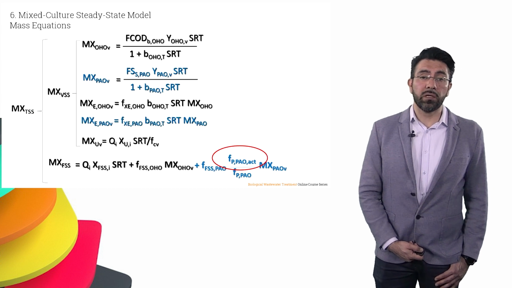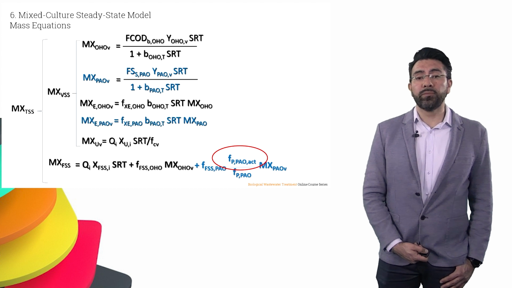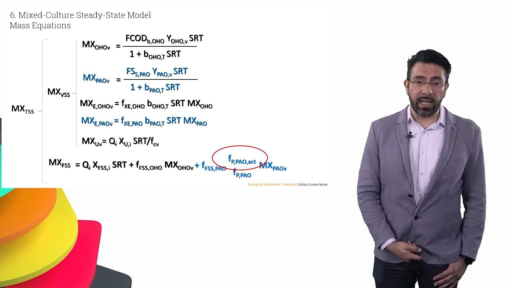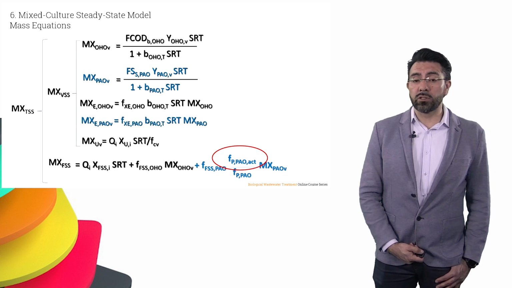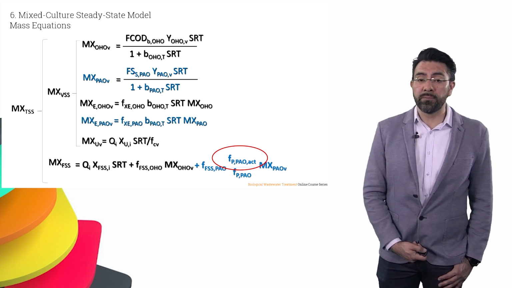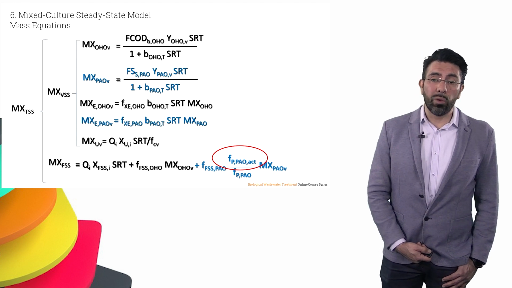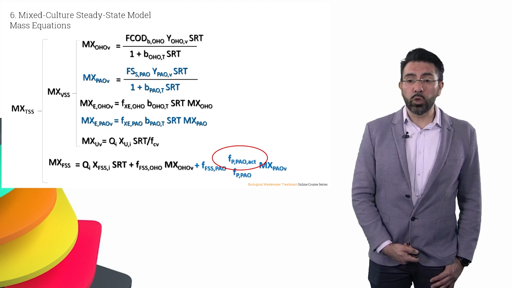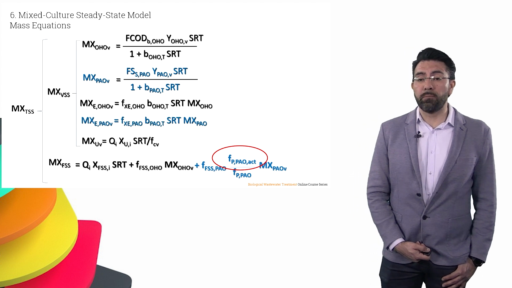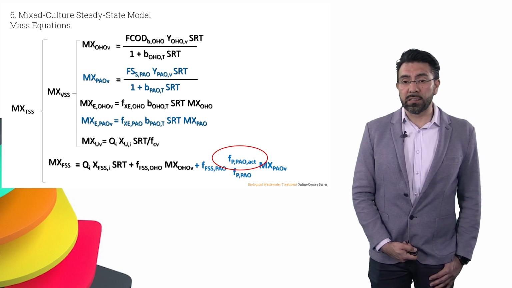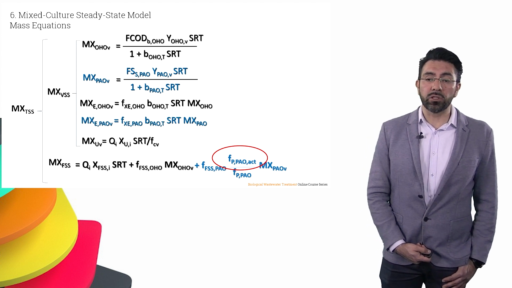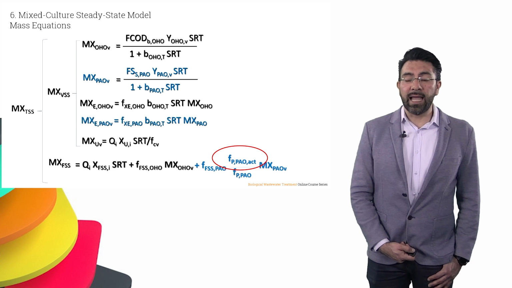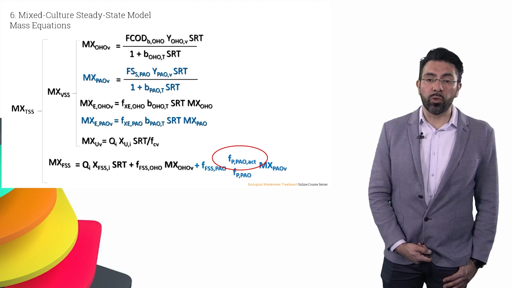This term is important because previously we have calculated the masses of volatile suspended solids, these first 5 masses. But when we want to estimate the mass of fixed suspended solids, we can see that in the last term, we need to use that fraction of phosphorus that the PAOs have actually accumulated, because that will affect the amount of fixed suspended solids or inorganic suspended solids that will be built up in our activated sludge plant.